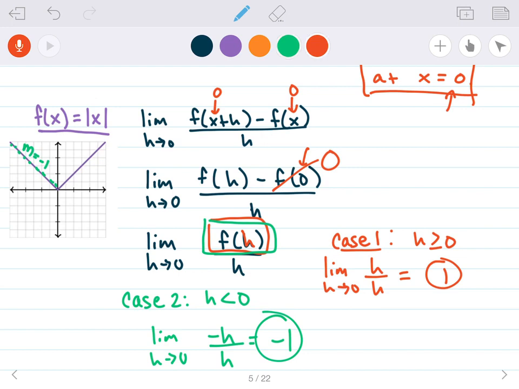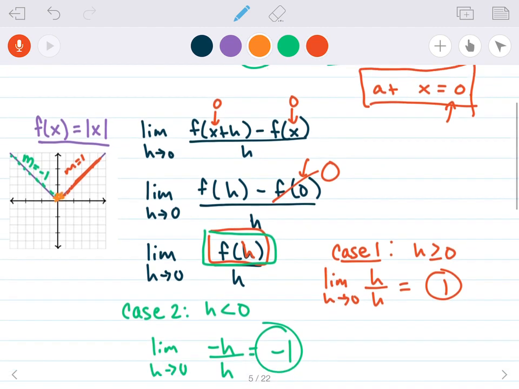On the other hand, for case 1, when I'm on the right side of 0, the derivative is approaching 1, right? That's the slope of this red part of the absolute value function. And so since the slopes are different, the limit does not exist. The derivative is not approaching a single value as it gets closer and closer to 0.